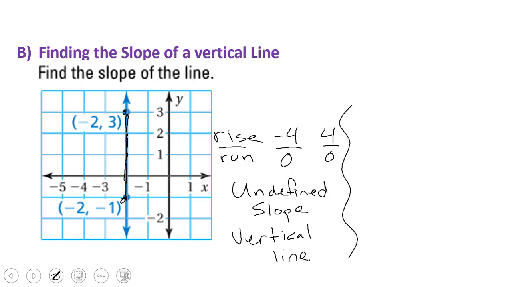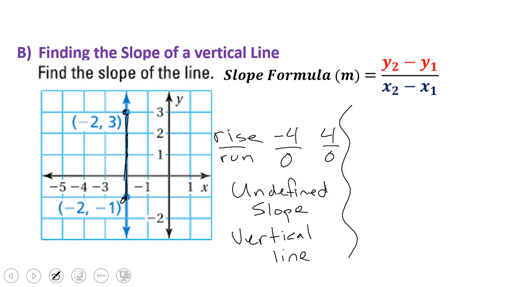If we take our slope formula once again, y2 minus y1 over x2 minus x1, and plug those numbers in, again it doesn't matter which one we start at. I want to talk to you about taking the first ordered pair and subtracting the second ordered pair. I'm going to call (-2, 3) my first ordered pair and (-2, -1) my second ordered pair, and subtract them. -2 minus a -2 is 0, and 3 minus a -1 is 4.